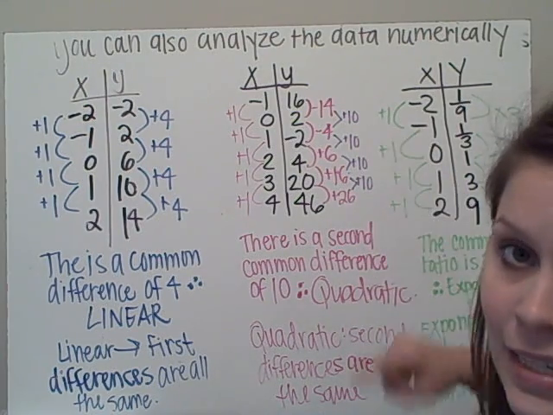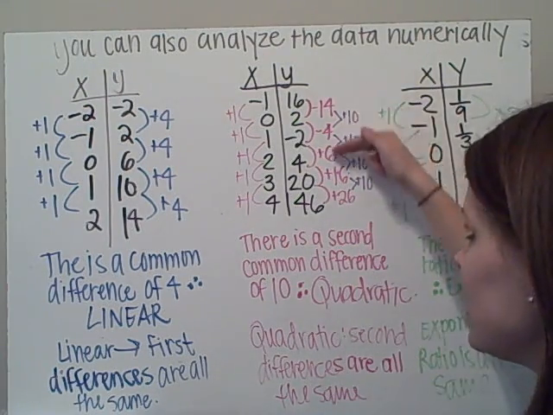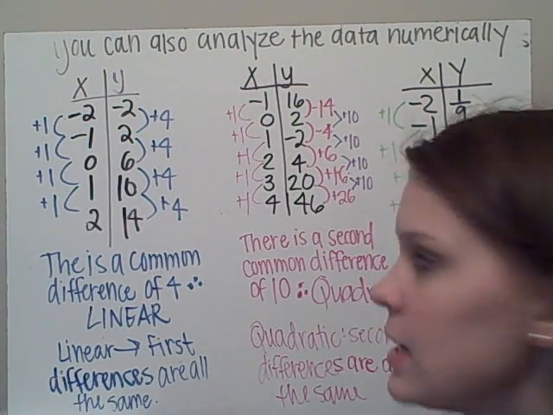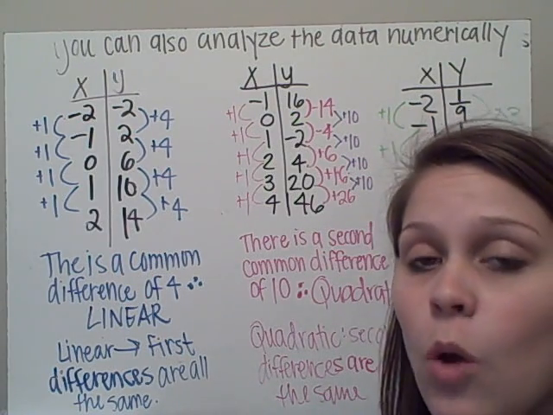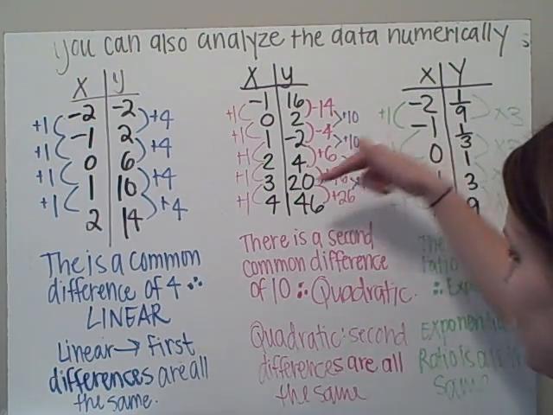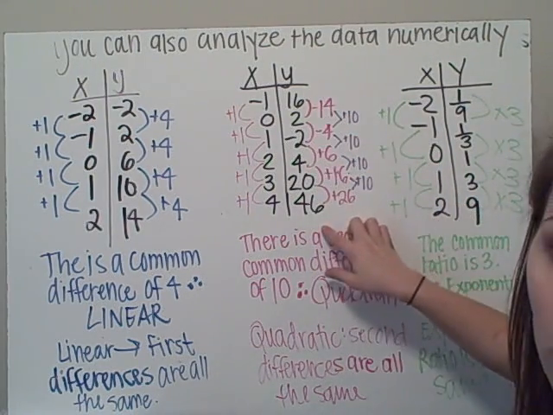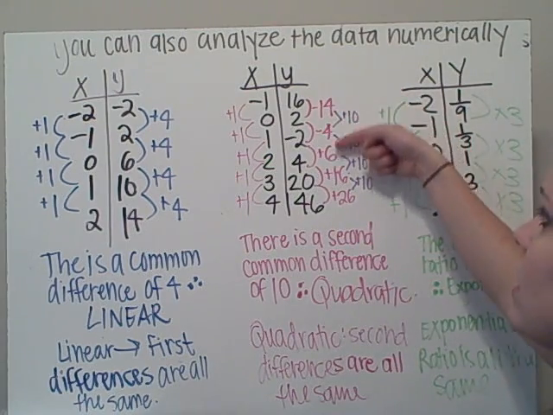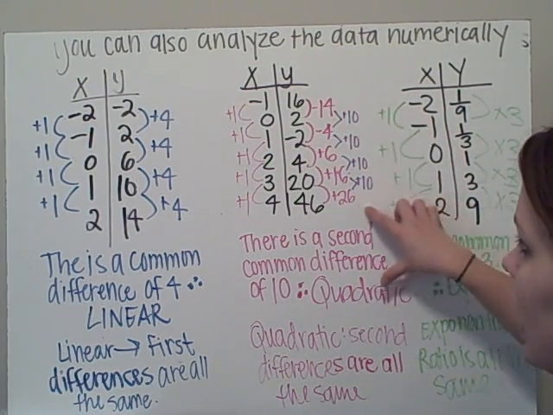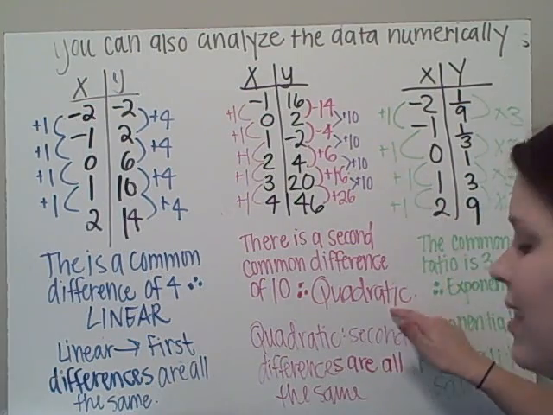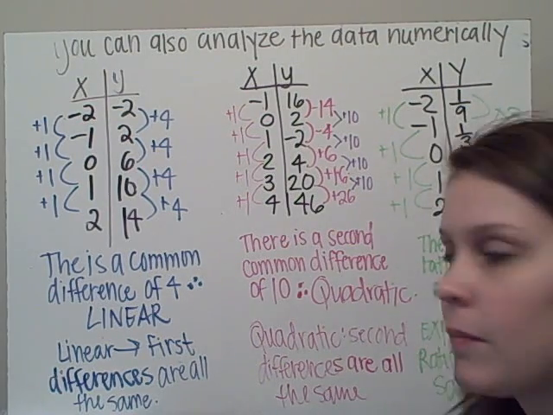So the second differences, the differences of the first set of differences, are all the same, which means that this is quadratic. Once you find the differences of your original differences, if all of these second differences are the same, then it is quadratic.